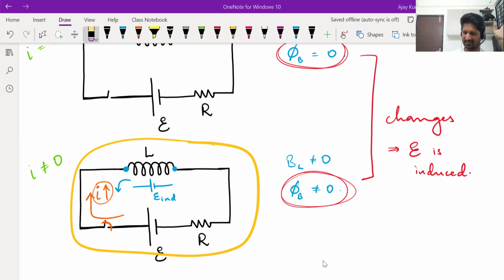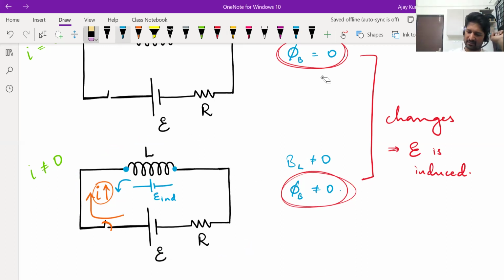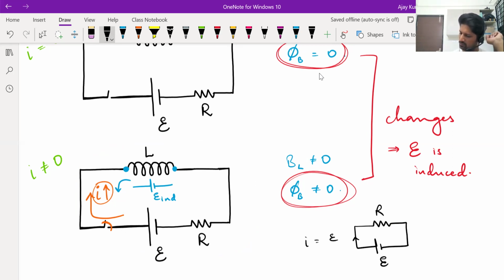R. Okay, and the battery's EMF is E. Now, generally, when a resistance R is connected across a battery of EMF E, how much current should flow in this circuit? I is equal to E by R, Ohm's law. That much current should flow. So in this inductor loop also, we expect the current to be I is equal to E by R.